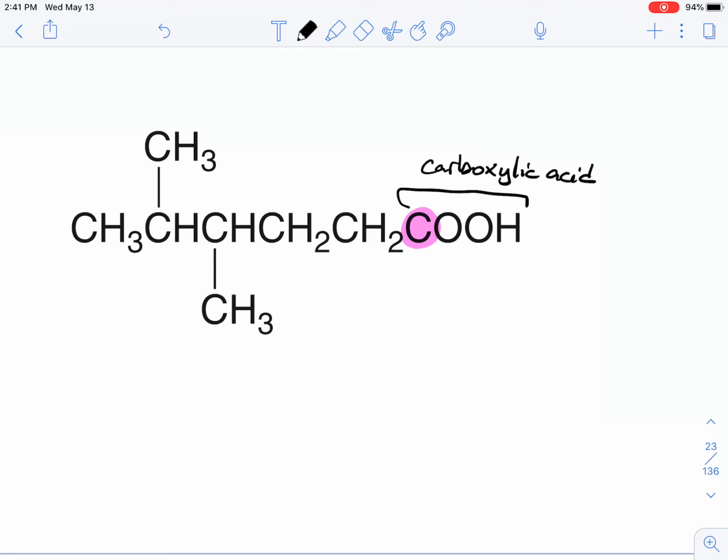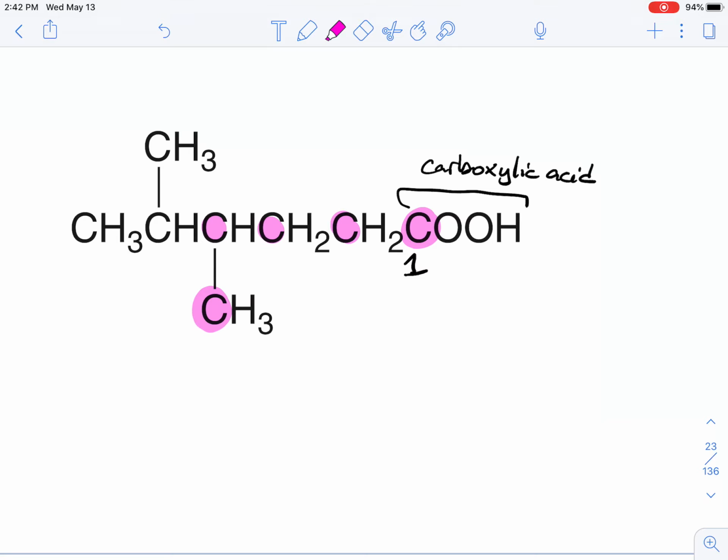And so since my longest carbon chain has to contain my carboxylic acid, then that means this is going to be carbon number 1. And therefore, this is 2, 3, 4. Here's a branching point, so if I go down, this is 5.